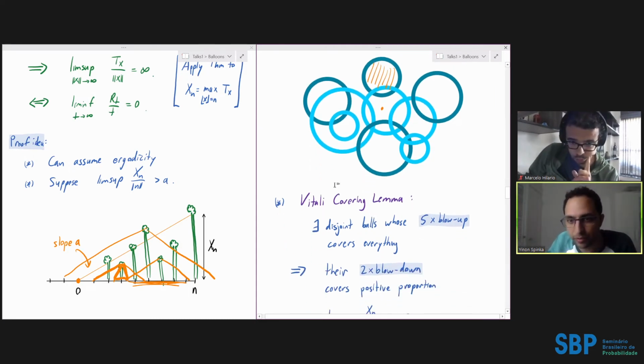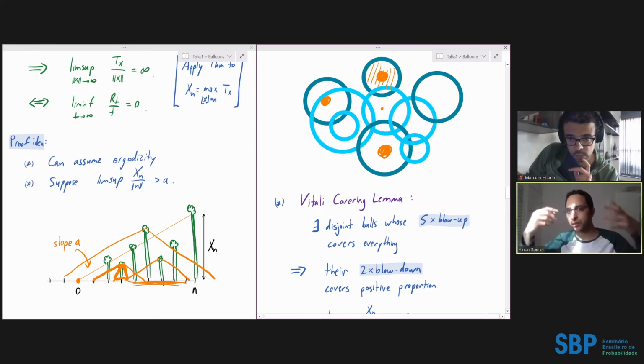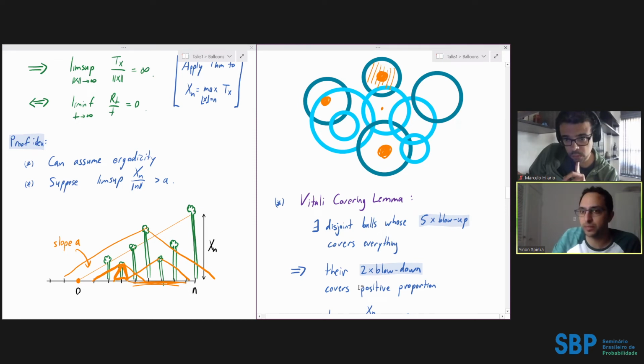But this tells you that if instead of blowing them up, you actually blow them down, you look at a smaller cone, then their 10-time blow up covers everything. And in particular, these smaller cones themselves cover some positive proportion of space. If their 10-time blow up covers everything, then they must cover a positive proportion.